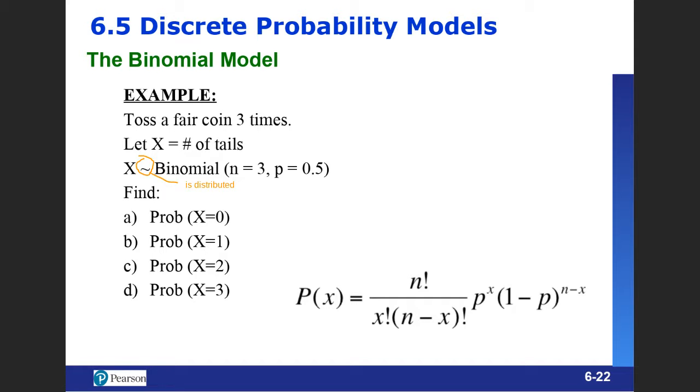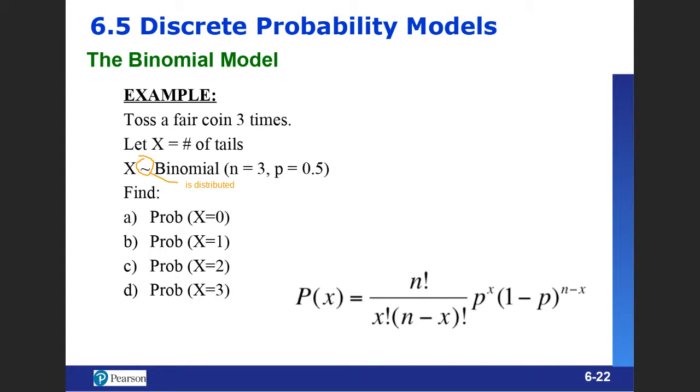That's given to you in the question, but yes, you could have found it out. And then they ask you to find the probability when x is equal to 0, when x is equal to 1, x is equal to 2, x is equal to 3.